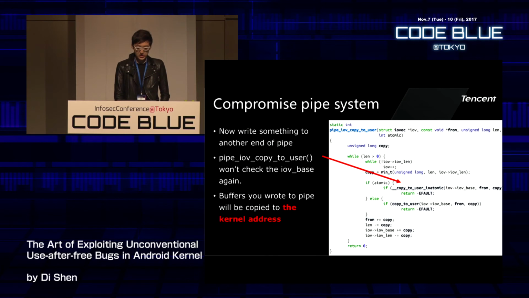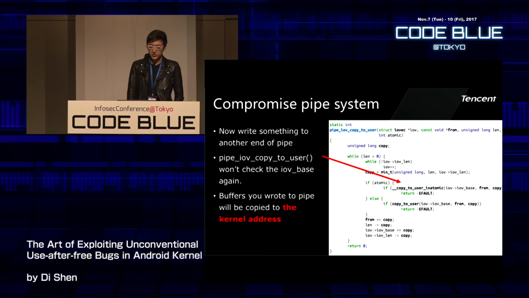Specifically, now if you continue to write something to the other end of the pipe, the readv got something to read. So it's time to call pipe_iov_copy_to_user. This function will not check the iov_base again because it has already been checked previously.